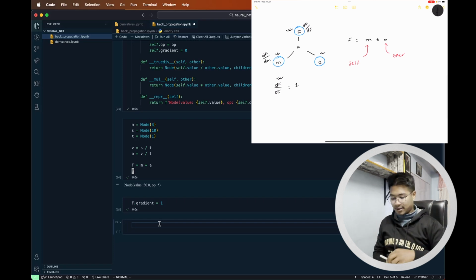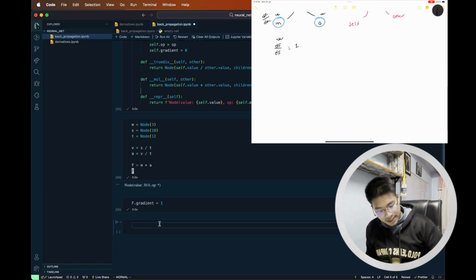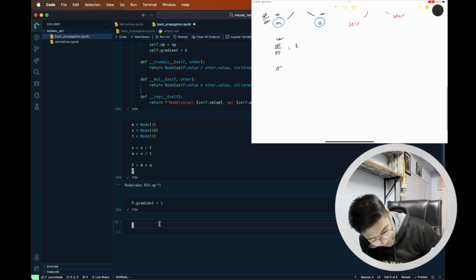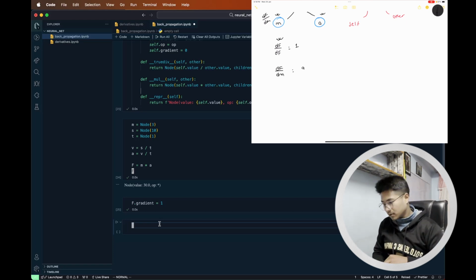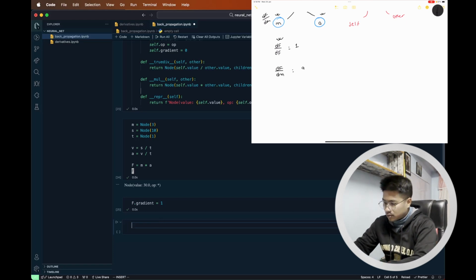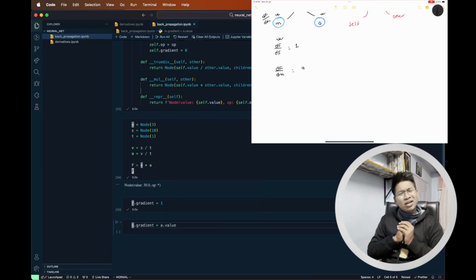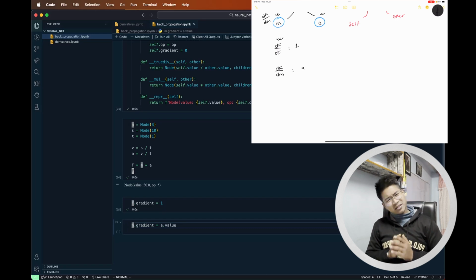We already computed it before: df by dm is going to be equal to a, the acceleration. So I can say m dot gradient is equal to a dot value. Does that make sense?